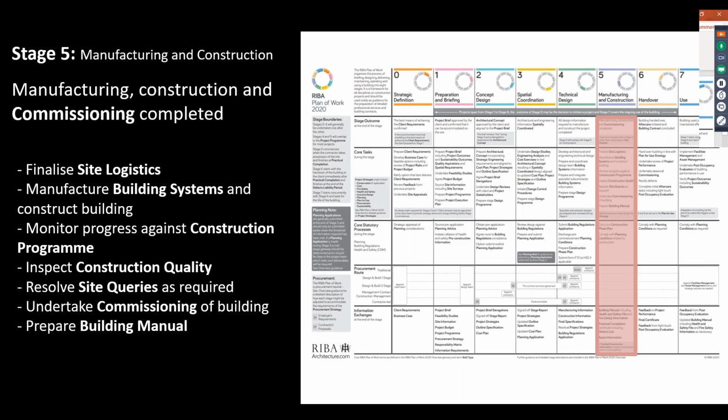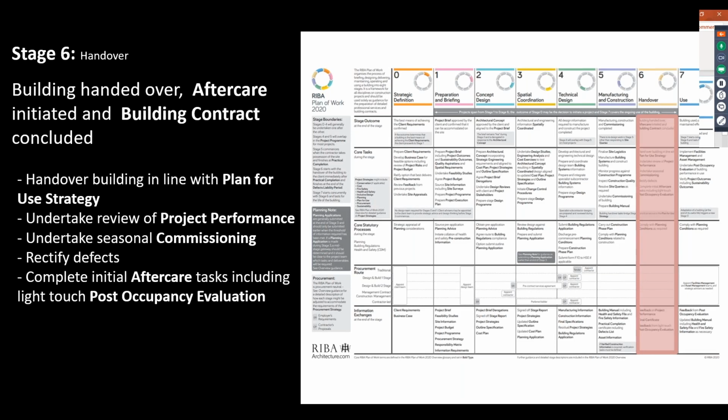And then moving to stage 6. Stage 6 is really just that 1 year period running up to the end of defects period, in which the building is handed over in line with the plan for use strategy. We would be undertaking the initial review of the project performance. So this is how successful has the project team been and what might they have done better. We of course need to do some seasonal commissioning as part of the soft landing strategy.